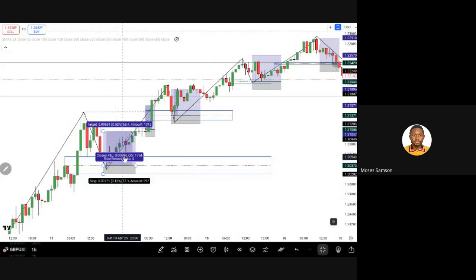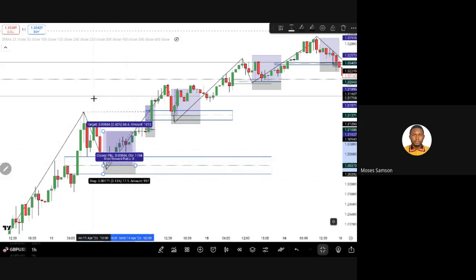If you can see this trade now, we have the risk. Our risk, which is our stop, is 17.1 pips, and our take profit, which is our target, is 68.4 pips. When you divide 68.4 by 17.1, you get 4.